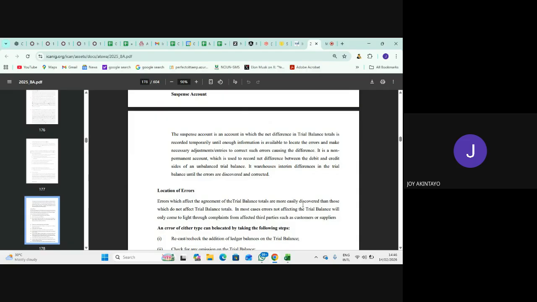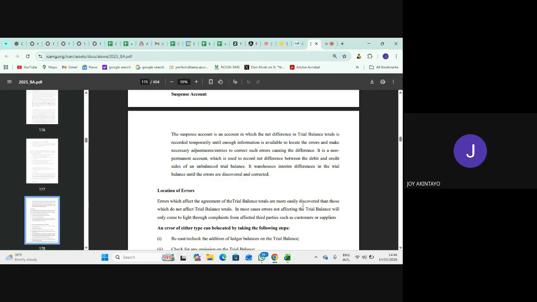In most cases, errors not affecting trial balance will only come to light through complaints from third parties, such as customers or suppliers. You can only know the effects of the errors that do not affect trial balance when someone makes a complaint. When there is a complaint from the third party, that's when you know that an error has occurred.